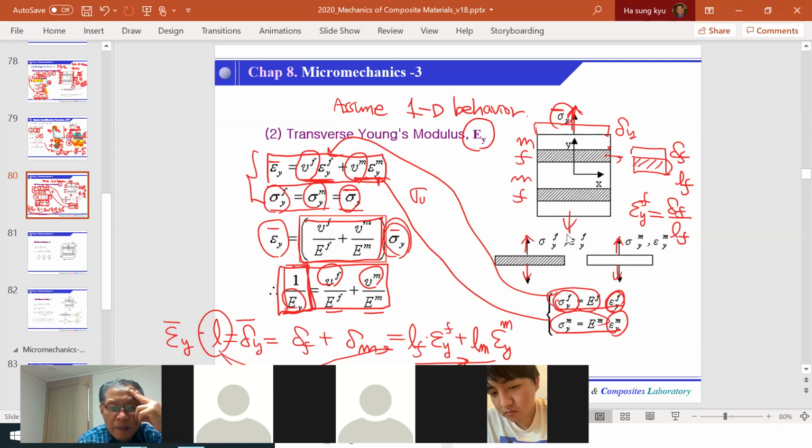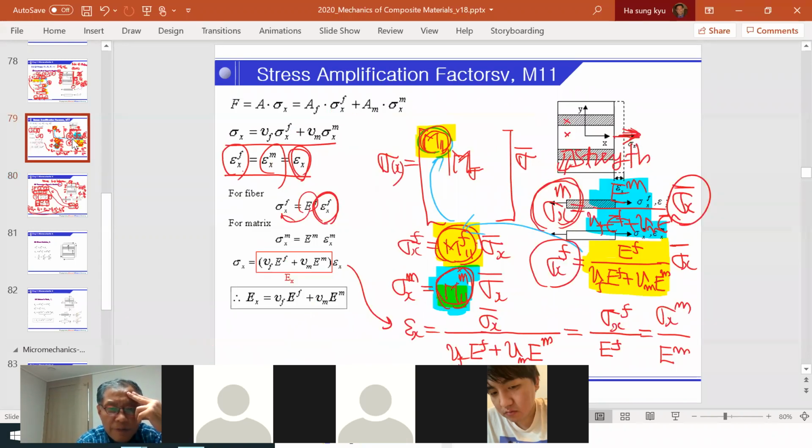Now, how to calculate the stress amplification factors? Well, simply, as you can see, this is the stress amplification factor. When we apply the sigma y bar and back to here, this sigma bar, second term, I would say this is sigma x bar and sigma y bar, and this M22 corresponds to the term relating sigma y bar and sigma y.